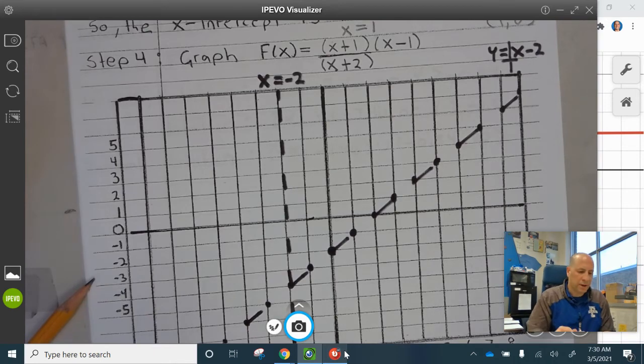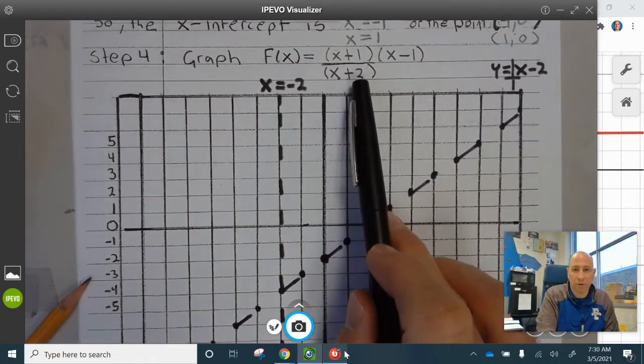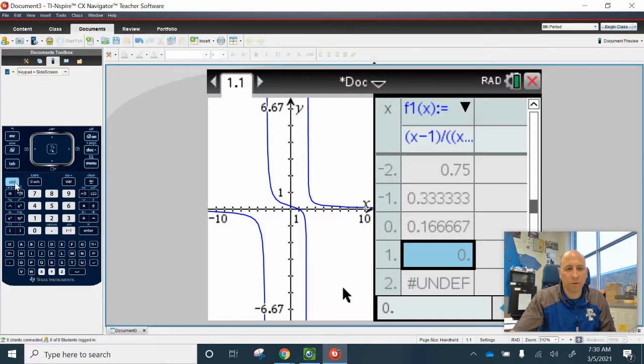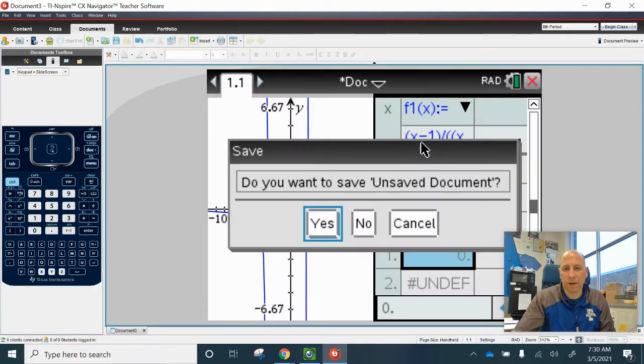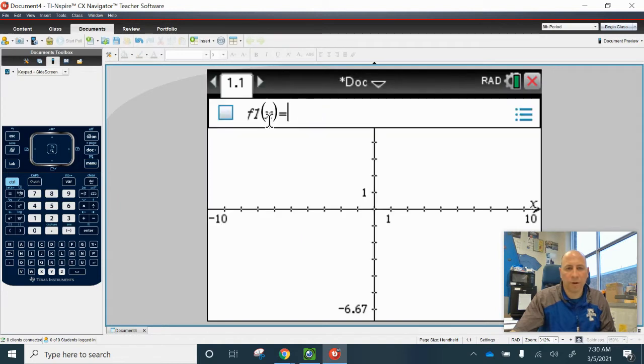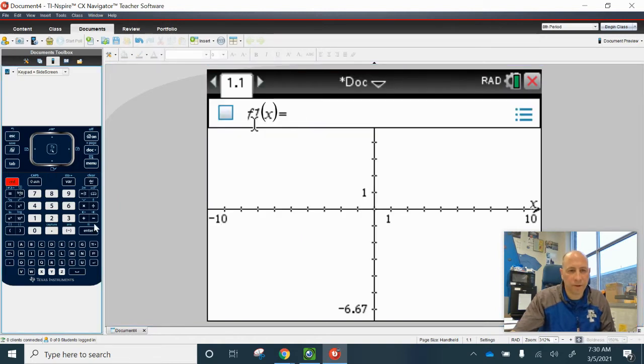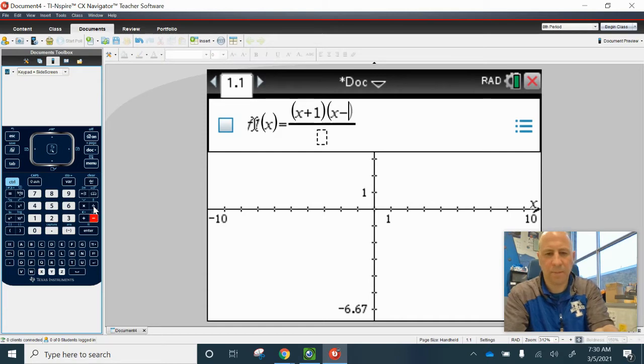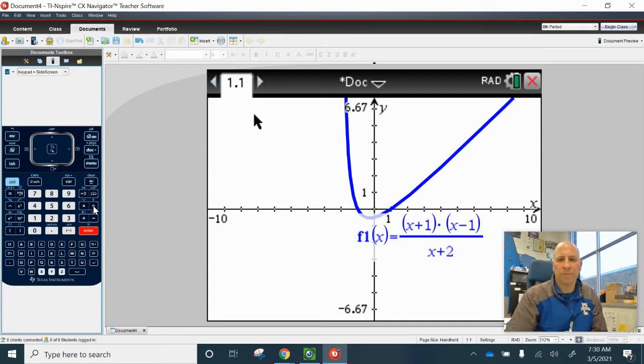Okay? And then to find out where the curves are, we just need to graph this. Okay? So I'm going to do new document, add graph, press Control, divide. So I'm going to type in parentheses x plus 1, parentheses x minus 1 divided by x plus 2.